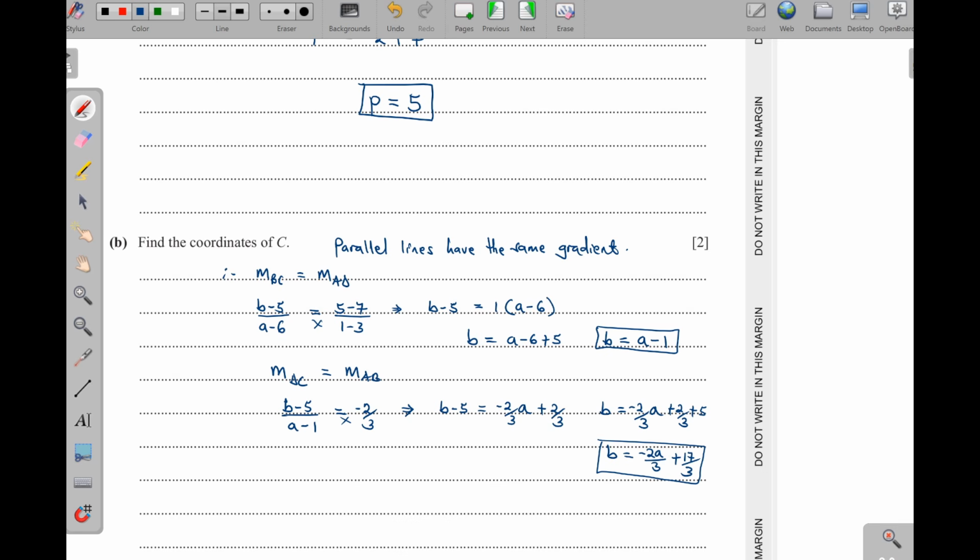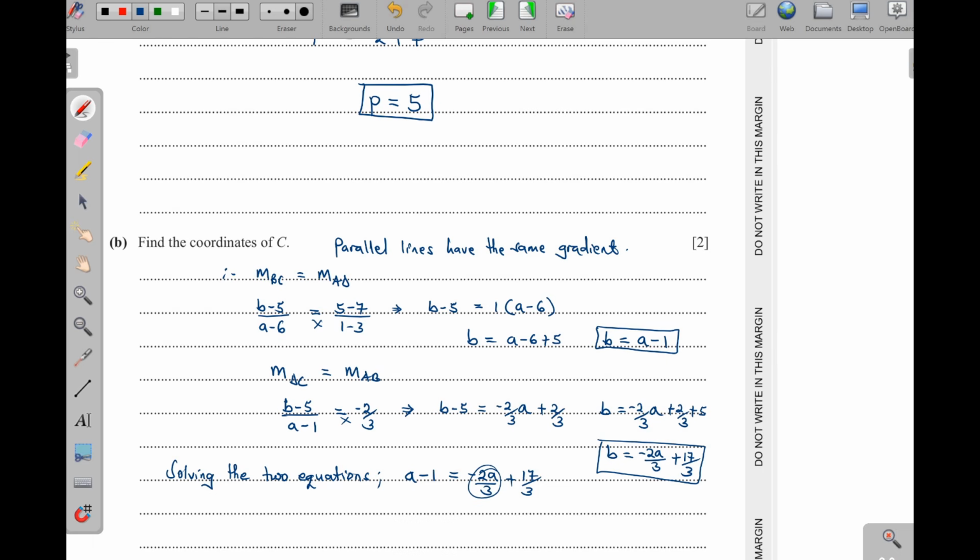So solving the two equations, we shall just equate them. We have a minus 1 equal to negative 2a over 3, then plus 17 over 3.